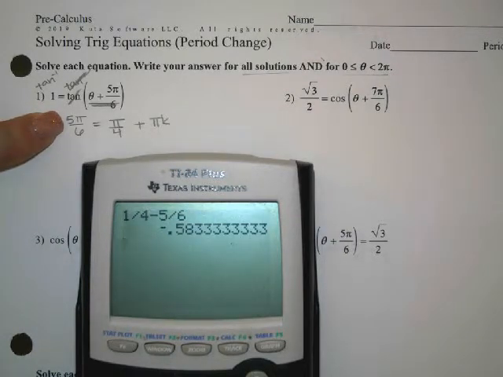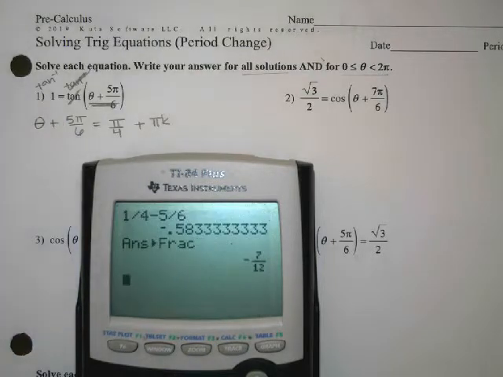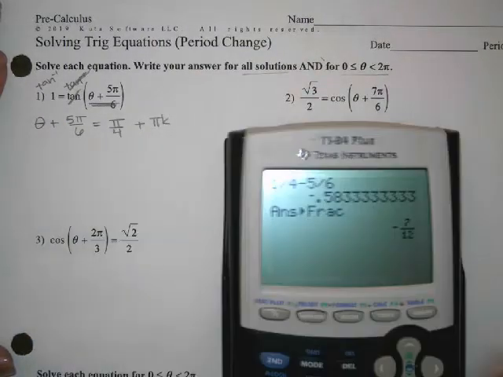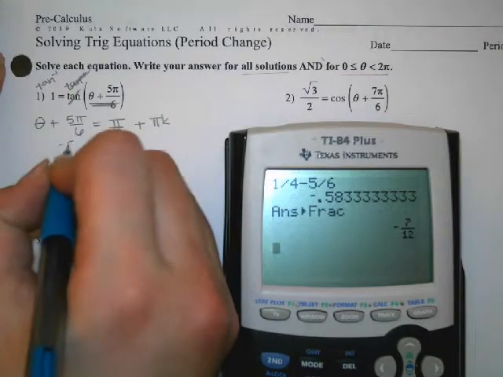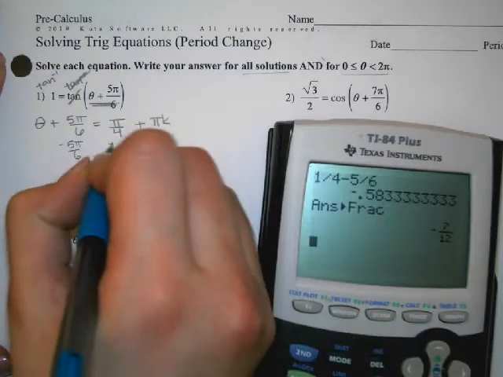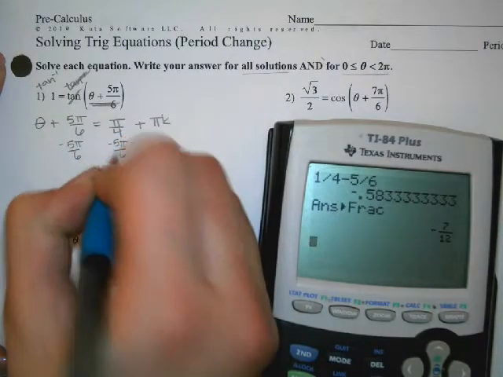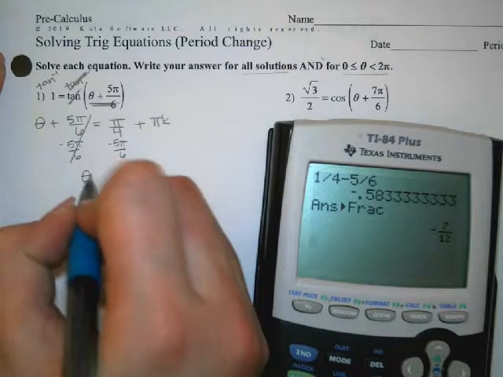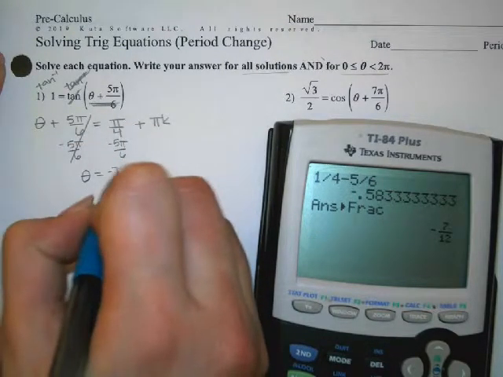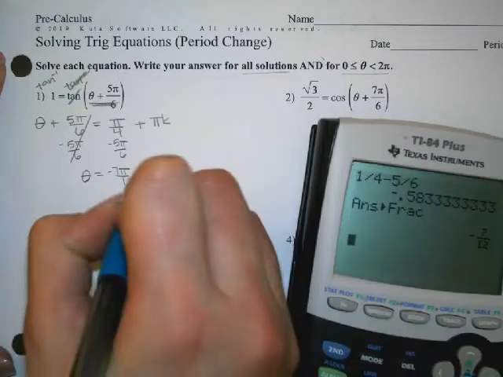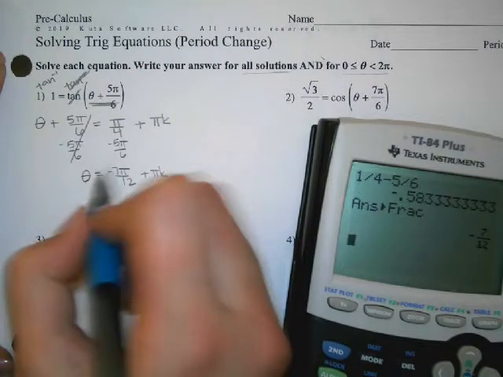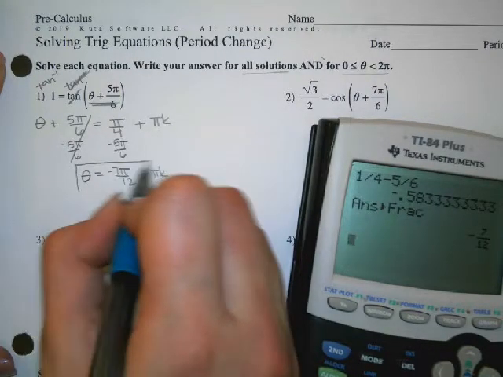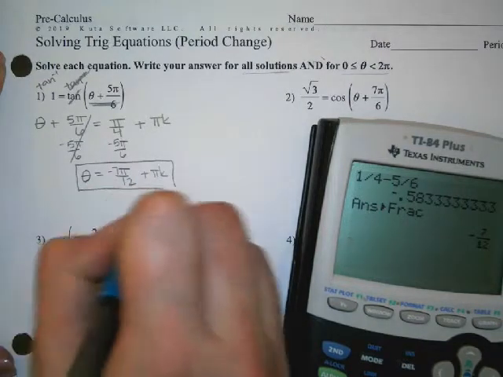And then I'm going to hit the math button, turn it into a fraction. So when I subtract 5 pi 6 from each side, I end up getting that theta is negative 7 pi 12ths plus pi k. And this is the answer that represents all solutions.